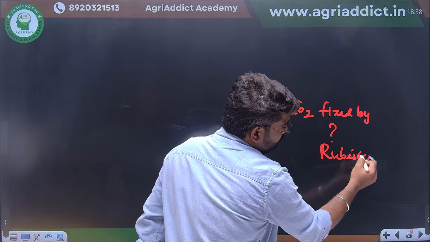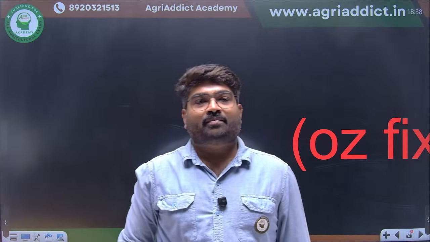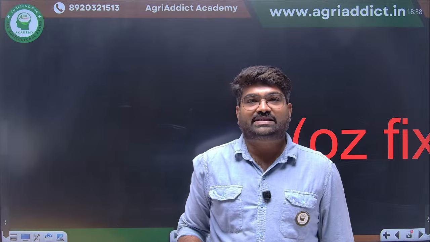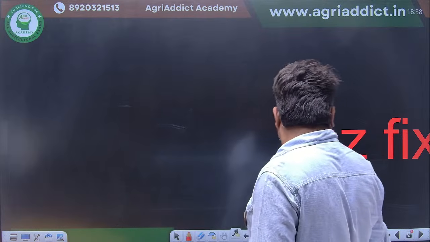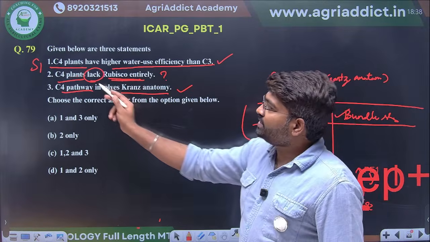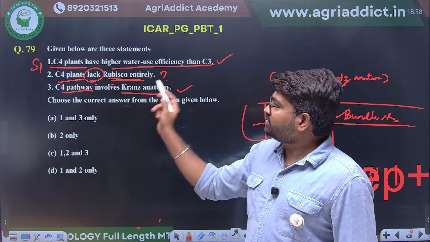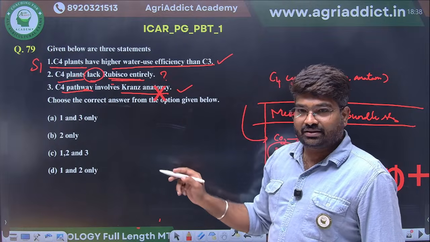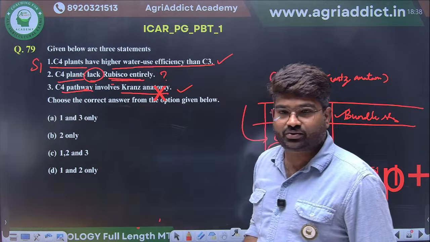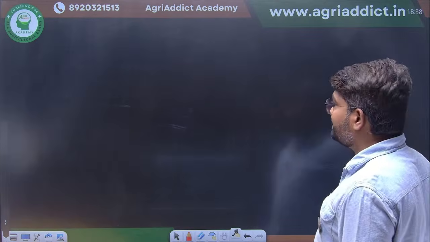So Rubisco will be present where? Bundle sheath cells of C4 plants. But in the question they are saying Rubisco is lacking in C4 plants. So this is wrong. Yeah, 1 and 3 are correct. Excellent, students. 1 and 3 are correct. Solve this question, students.